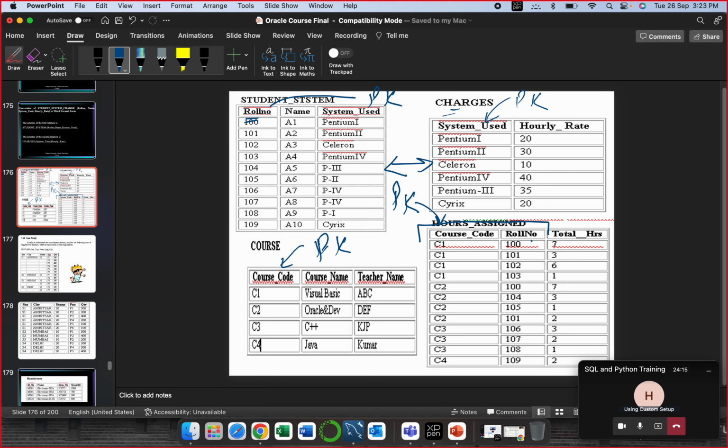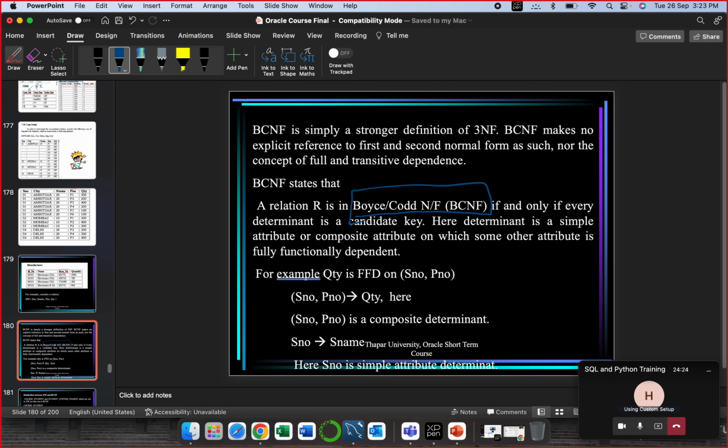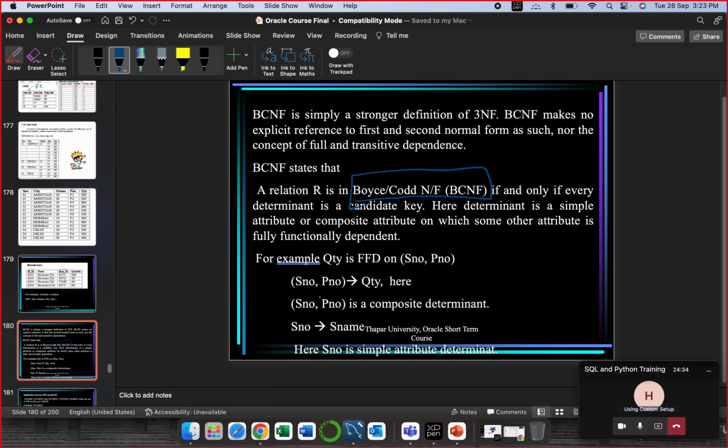So course code and roll number is a determinant and total hours is the determined. Now again we go back to the definition. It says that a determinant is a simple attribute or a composite key on which some other attribute is fully functionally dependent. Now, for example, let's say we have a table, this one, it is referring to this table.